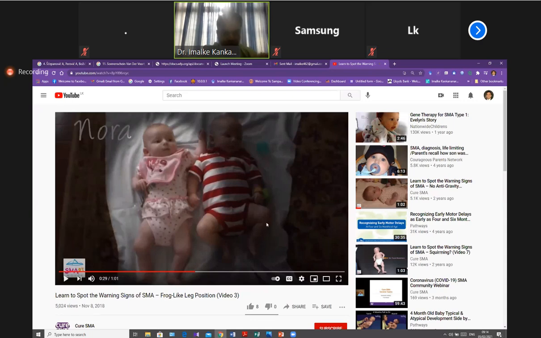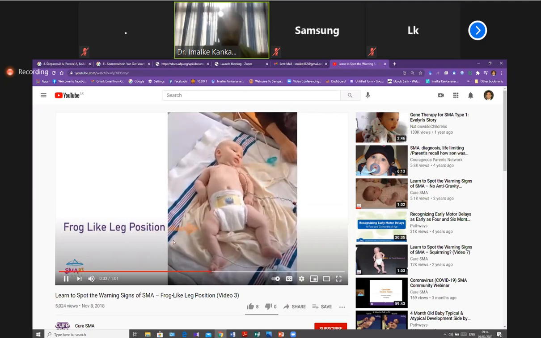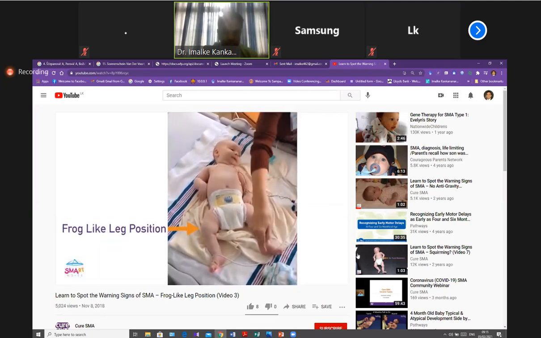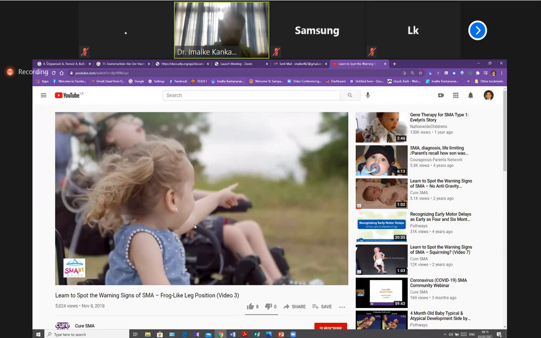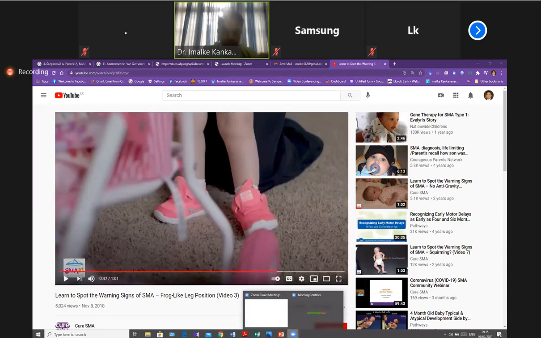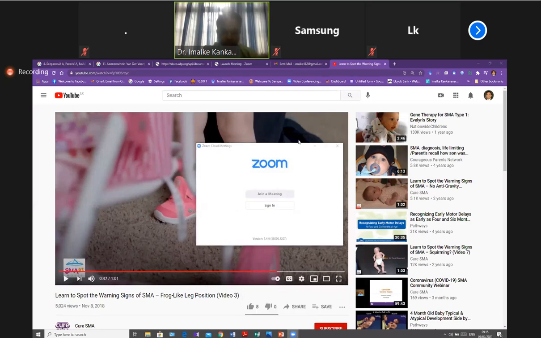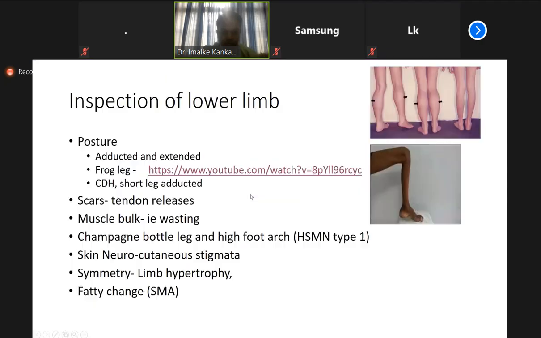Now you can see this one, the one on my right side, has got flexed knees, but the one on the other side does not have. Right. So frog leg position.